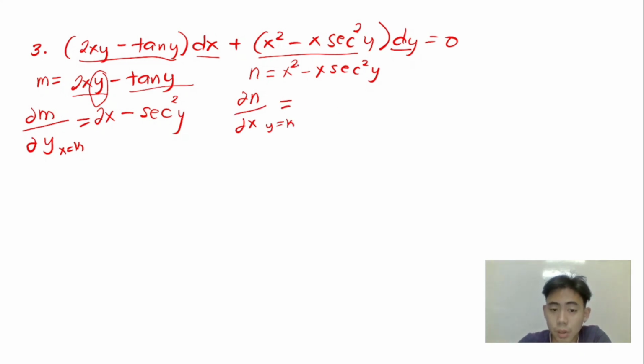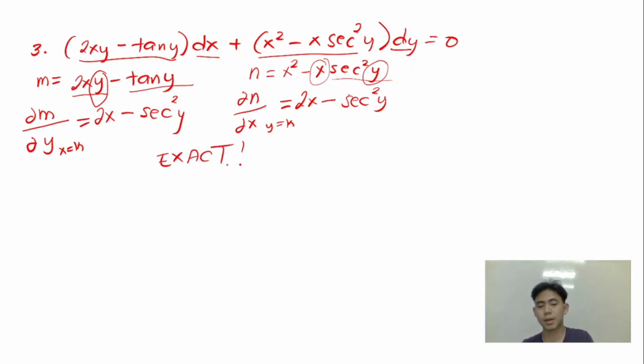So, ang derivative ni x squared is 2x minus, ano yung derivative ni x? 1 times the secant squared. Since ang secant squared natin is constant, kasi yung variable niya is y, minus secant squared y. Okay? So, kung titingnan nyo, equal naman siya. So, ang equation natin is exact.